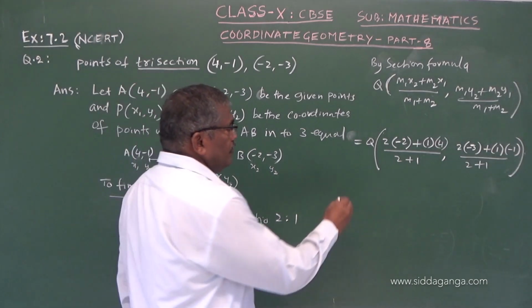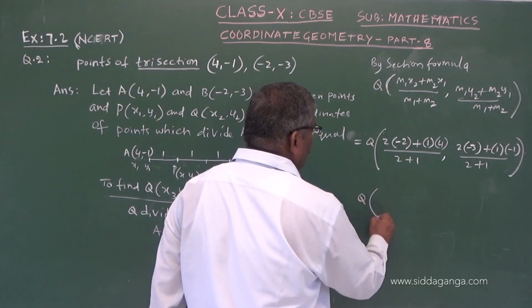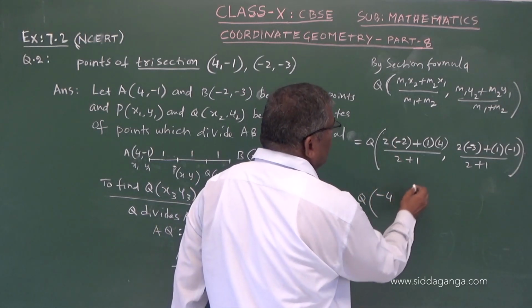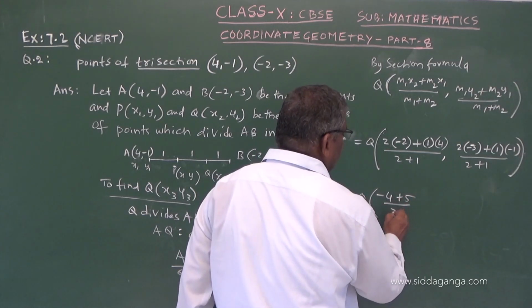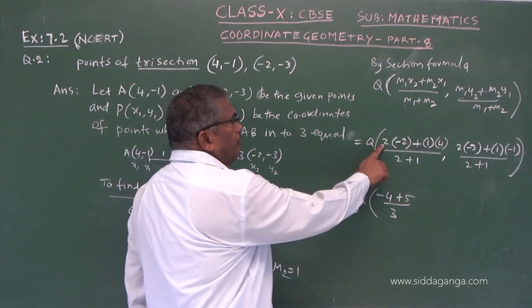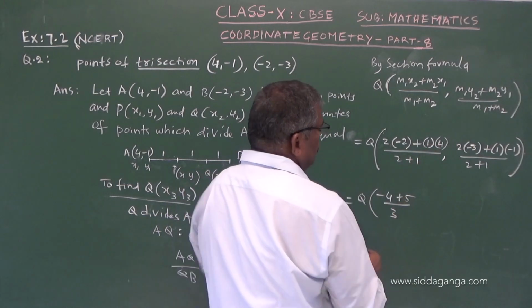So now carefully simplify this. This equals minus 4 plus 4 divided by 3. 2 into minus 2 is minus 4, 1 into 4 is 4.